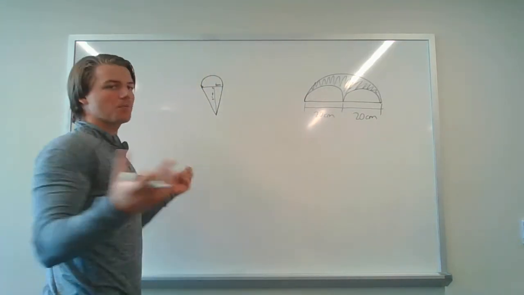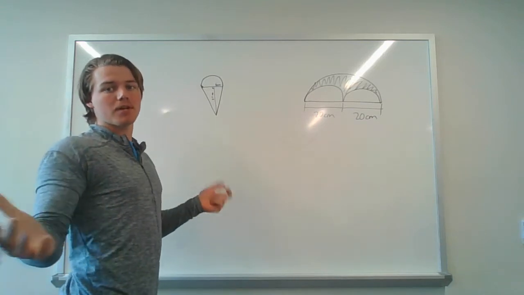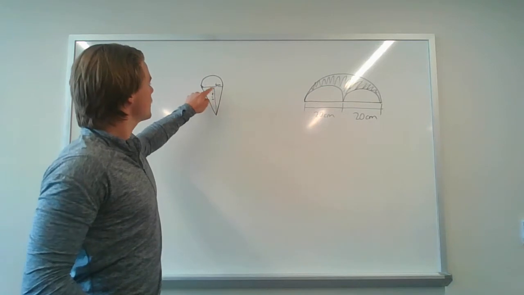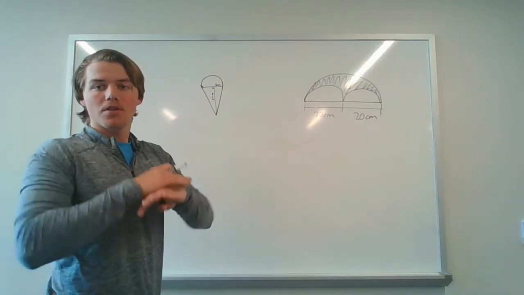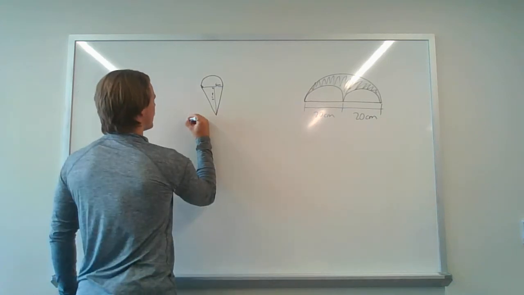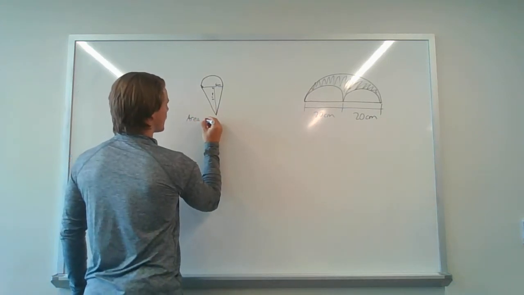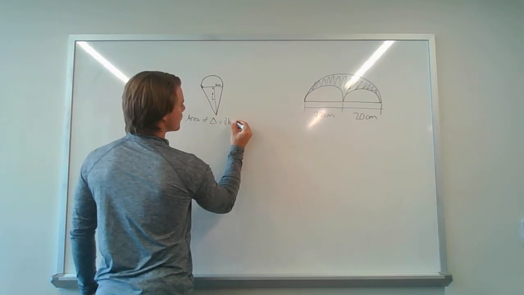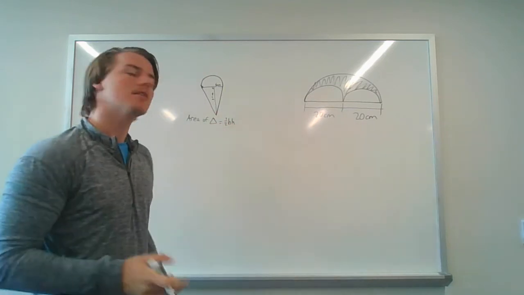So first, we'll start with the triangle. The triangle seems pretty easy to do. We've got a radius of 6, and these are equal right here, so the whole base is going to be 12. Now the area of a triangle is half times base times height.